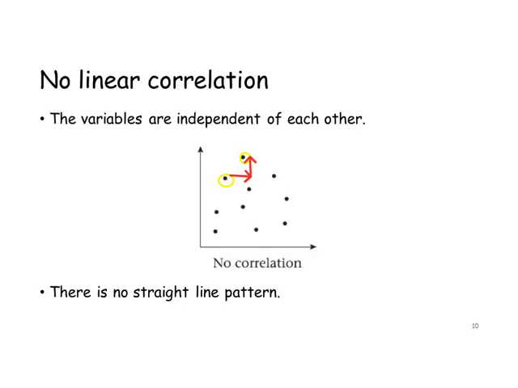But if I then consider this point from the same original point, then again horizontal variable has increased, but this time vertical variable has decreased. So sometimes the variables increase together, but sometimes as one increases, the other decreases. So there is no straight line pattern and therefore no linear correlation.